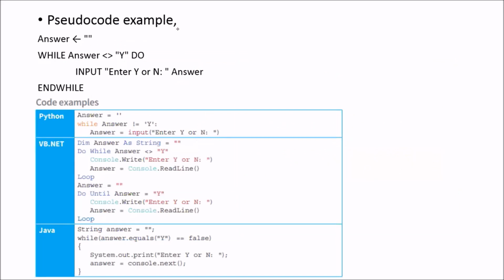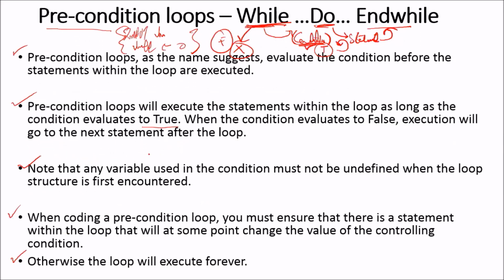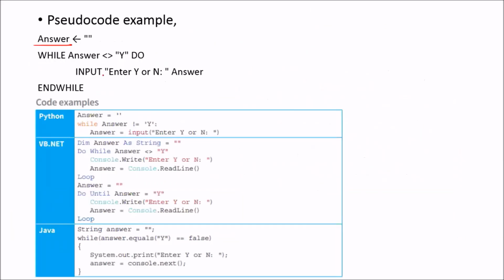Now, there is an example. Same like the previous repeat until example. He assigned a value. Your statement says over here that a variable used in the condition must not be undefined when the loop structure is first used. So here we have defined a variable and assigned a value that is empty.